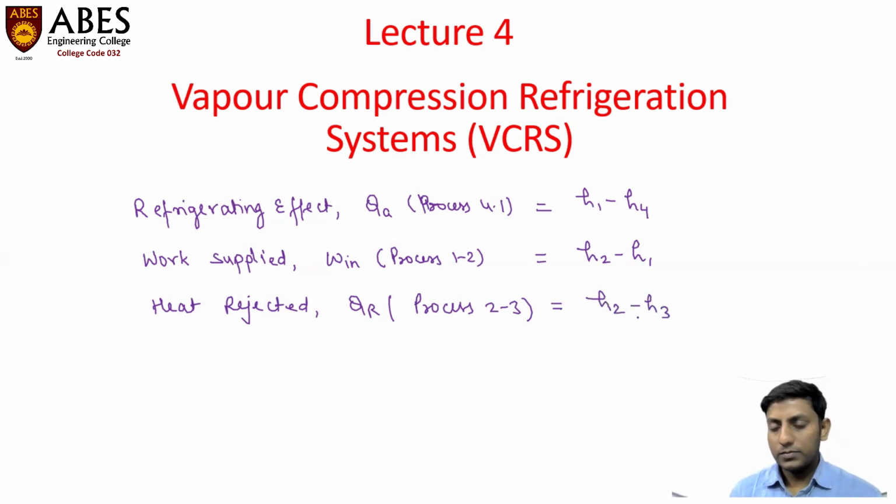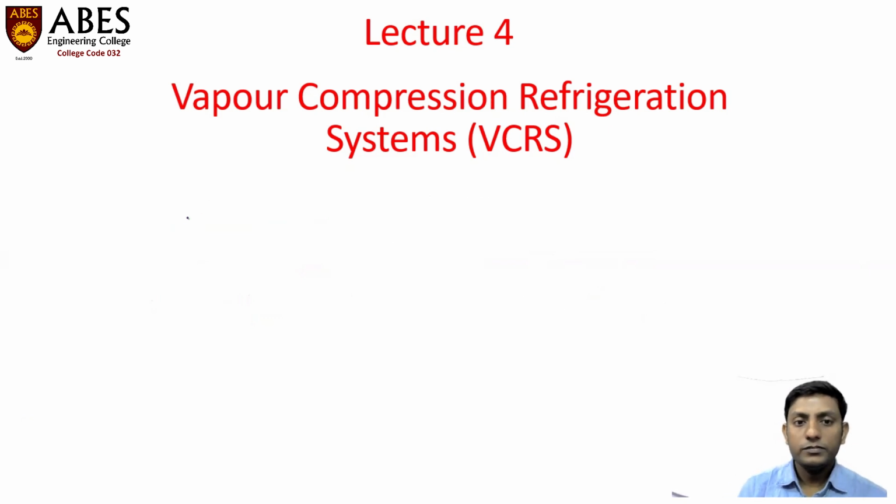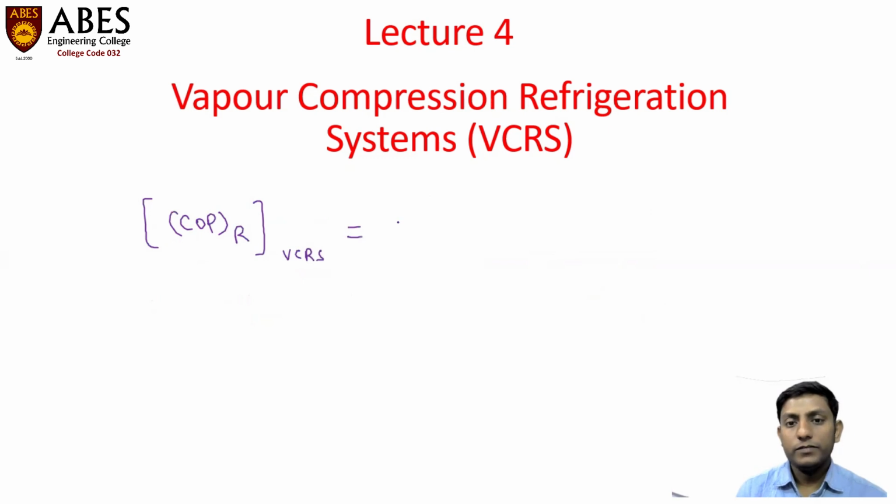So the COP of a refrigeration system based on VCRS is given by the basic formula: refrigerating effect divided by work input.